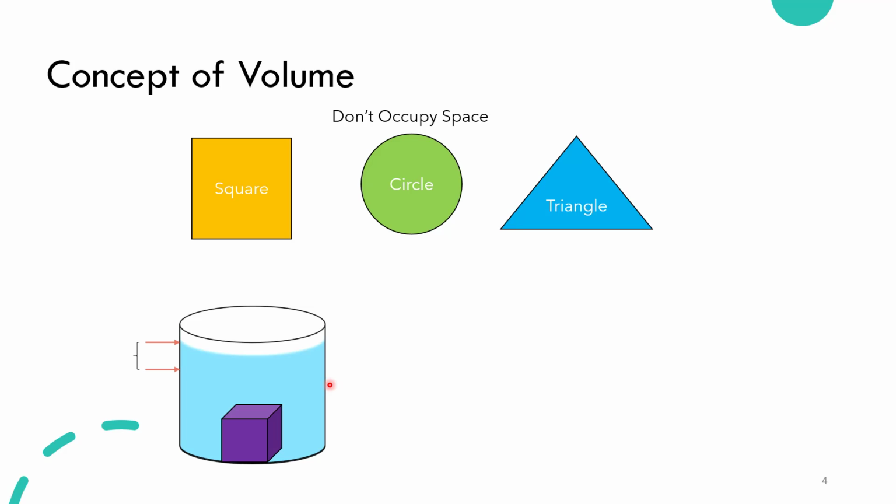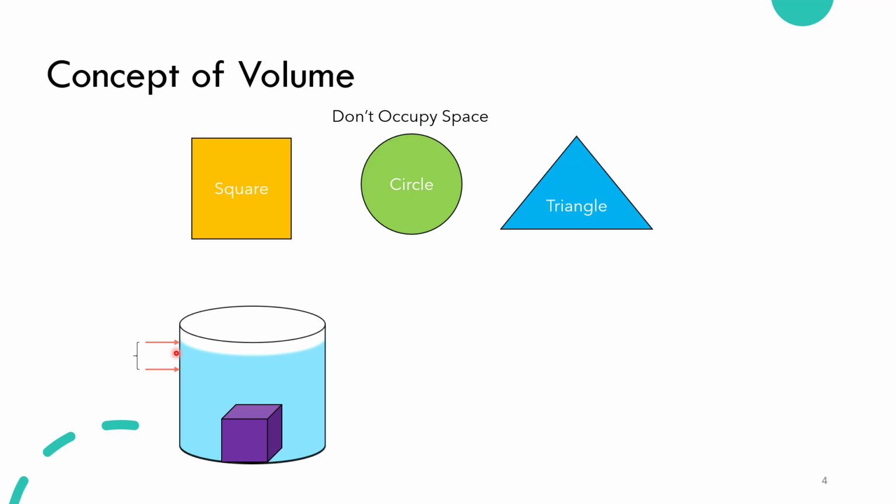But similarly, if we just throw the squares we draw on a paper, the water level will not go up because the square does not occupy any space, but this cube occupies space here, and the water rises by the same amount.